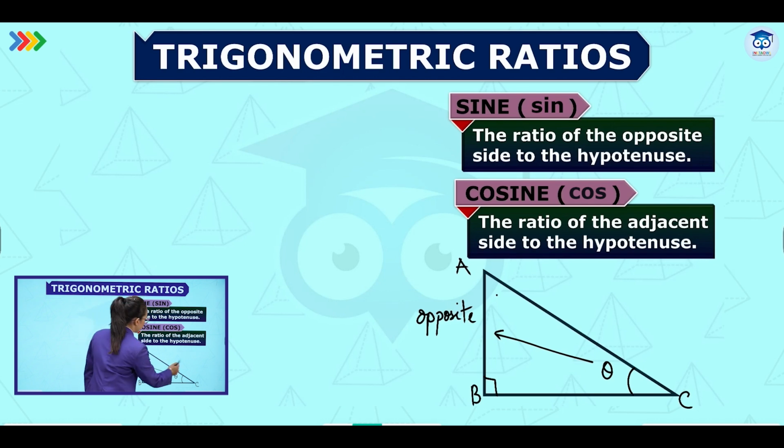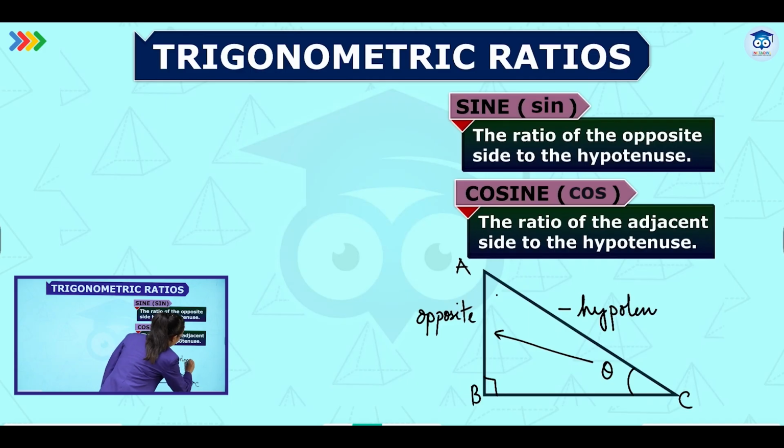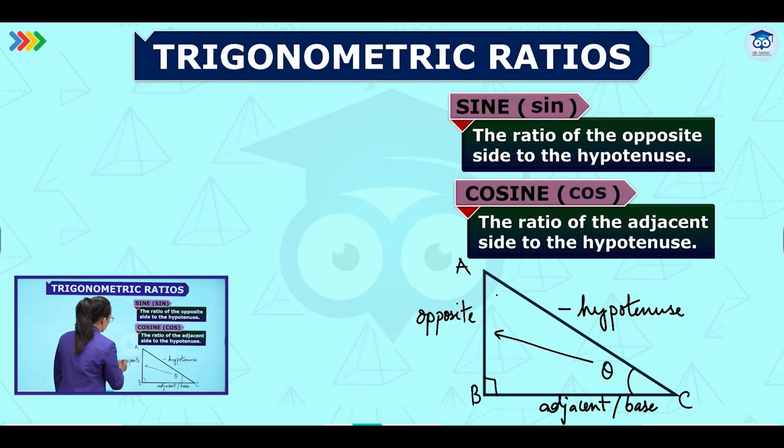That is the hypotenuse. We have another side which is next to that theta. This is called the adjacent. You can take it as the base also. Base, adjacent. And this opposite, we can consider as the height also, or perpendicular. Different names can be used here.